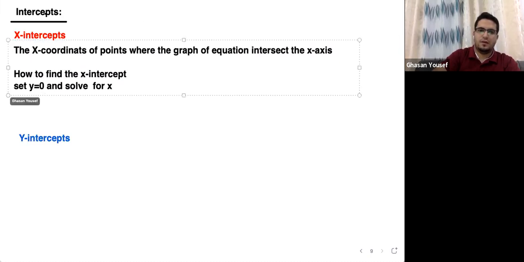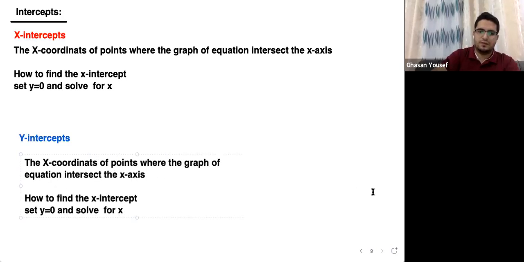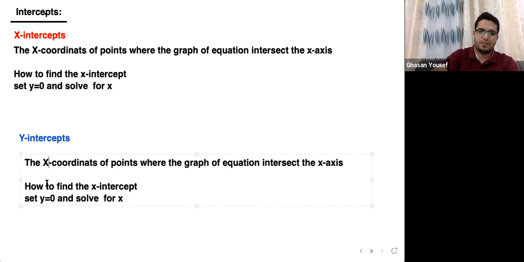And for the second one, the y-intercept, same idea exactly, but instead of x, we change it to the y coordinate of points where the graph of the equation intersects the y-axis. How to find the y-intercept? Just set x equals 0 and solve for y.